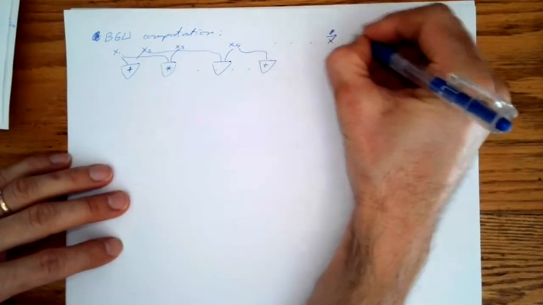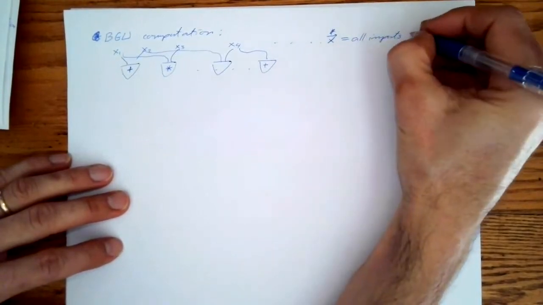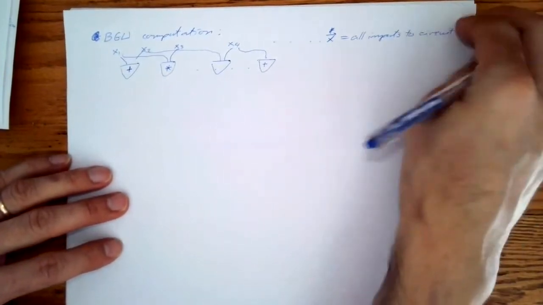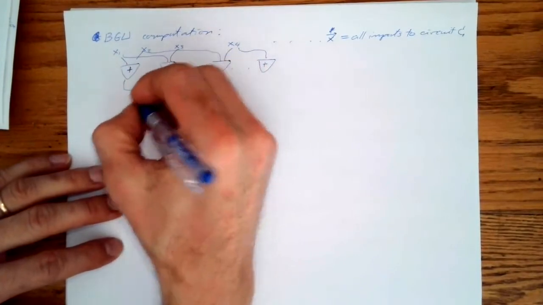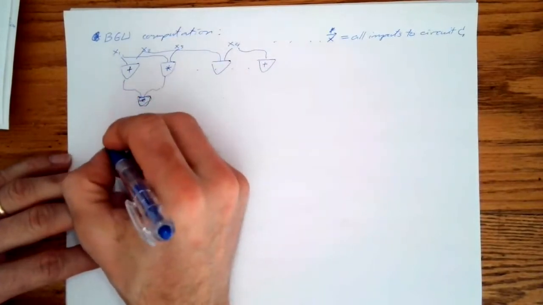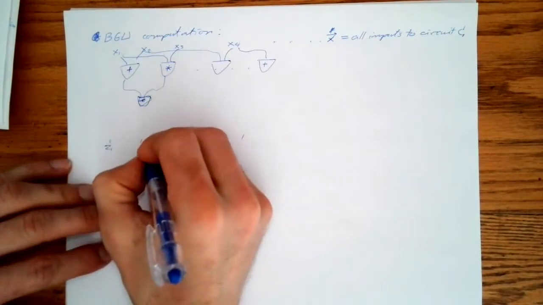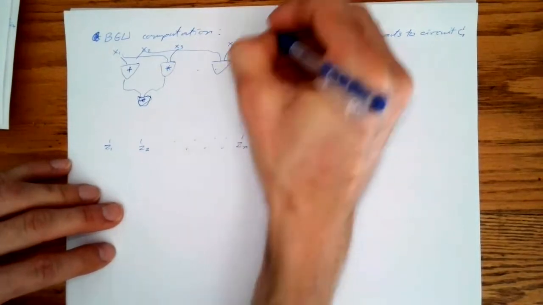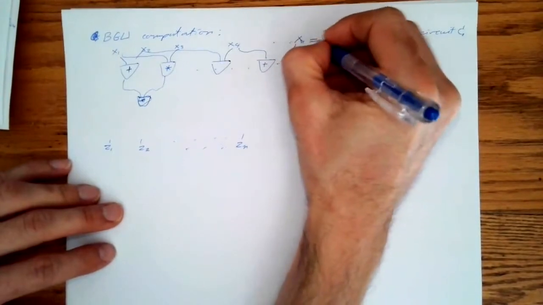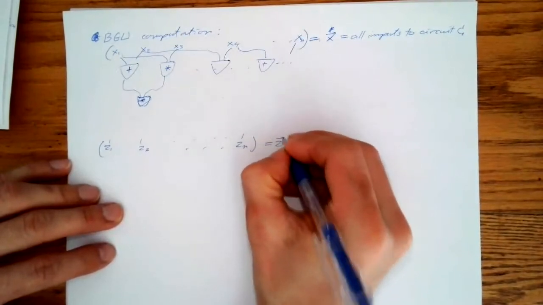Okay, and so let's call X all inputs to circuit C. Okay, and this circuit is going to continue, building these using these arithmetic gates. At some point, it had outputs. Okay, and this output is a vector Z, right?